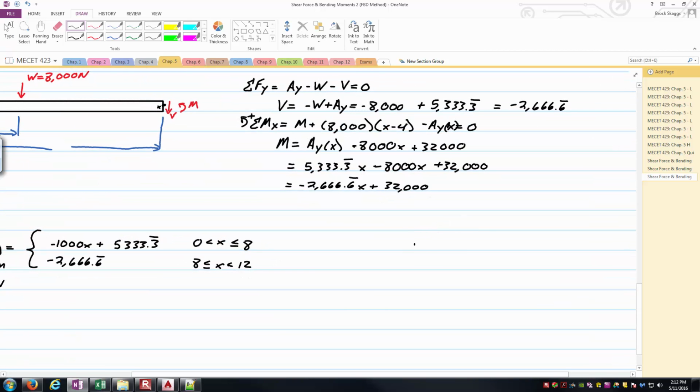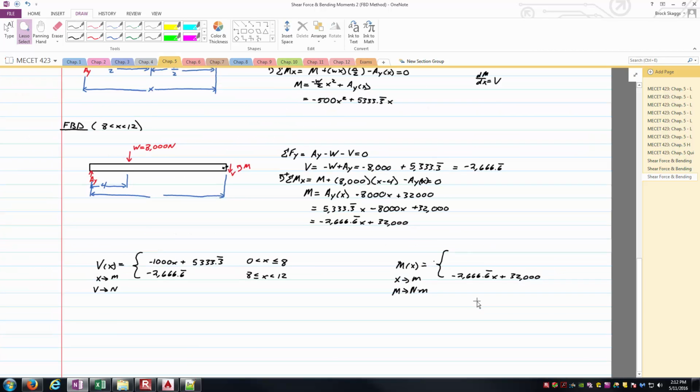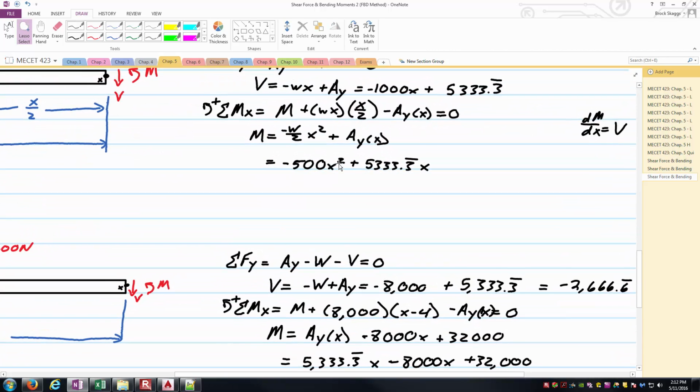And now for the bending moment. M is a function of x here. Here x is again going to be in meters, and M will be in newton meters. Here's the M2 as a function of x right here that we solved for. And then the M1 was the parabola here.